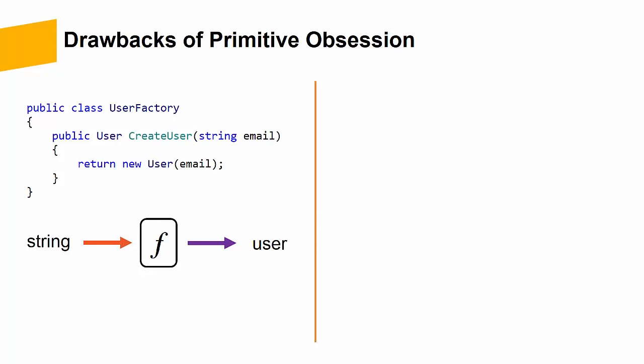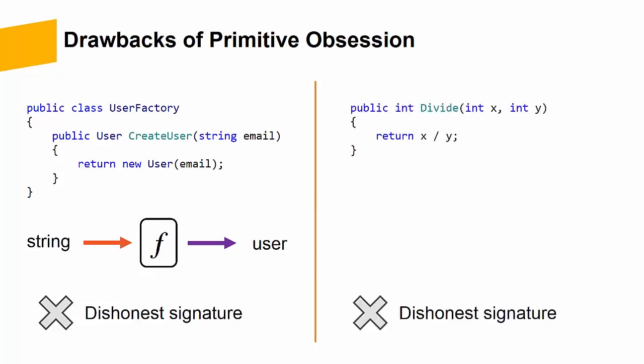So what we have here is a dishonest method signature, because it deceives the caller, pretending that it can process any incoming string, whereas in reality it can process only a subset of those strings, which constitute a set of valid emails. That's basically the same problem as with the divide method, which we saw previously.